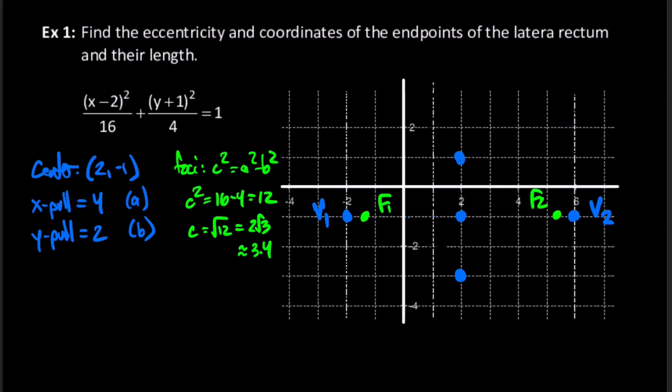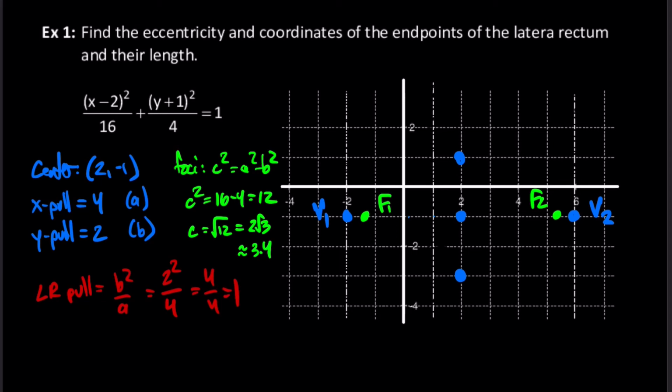So now, how do we get the LR pull? The LR pull, remember, is b squared over a. So first thing I'm going to do is take b squared. That's going to be 2 squared over a. That's 4 over 4. That's 1. So that means the distance from the focus to the end point of the lateral rectum is 1.